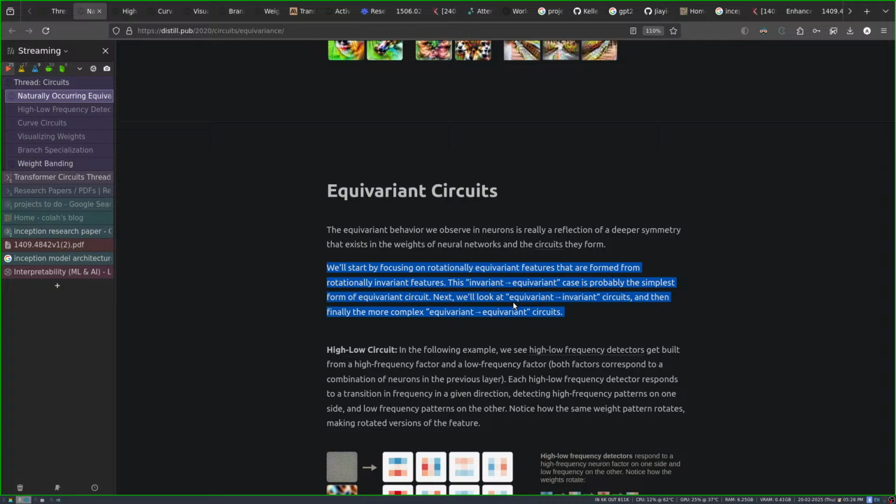This invariant to equivariant case is probably the simplest form of equivariant circuits.